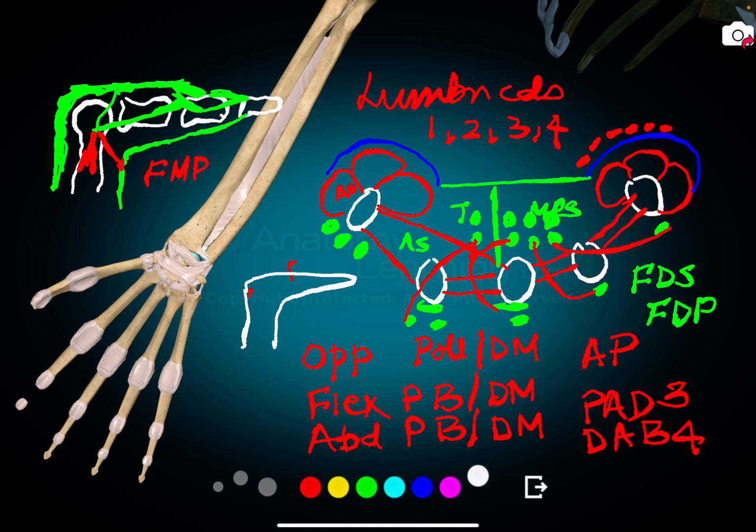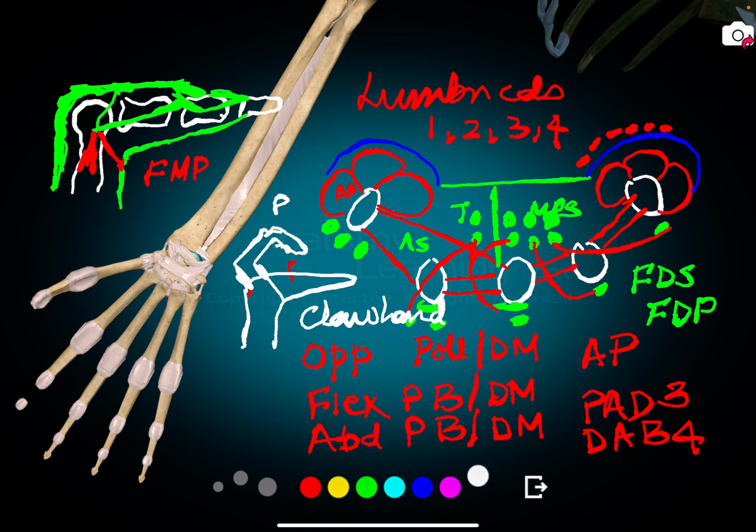If any of the lumbricals fails or is paralyzed, then there will be extension at the MP joint and flexion at the PIP and DIP joints. So this is the paralytic position, and this is called claw hand. Please understand this, the action of lumbricals and how they produce the claw hand.